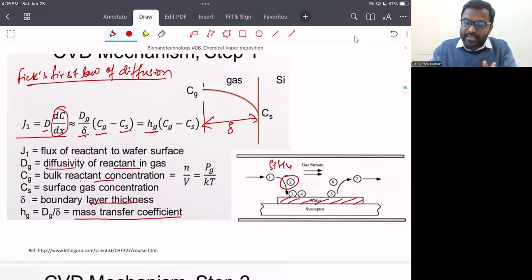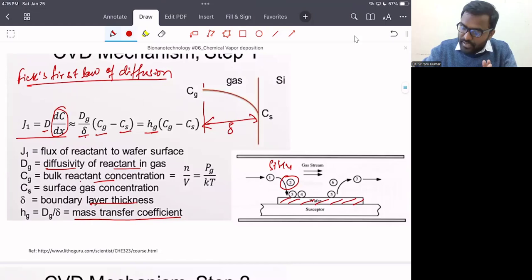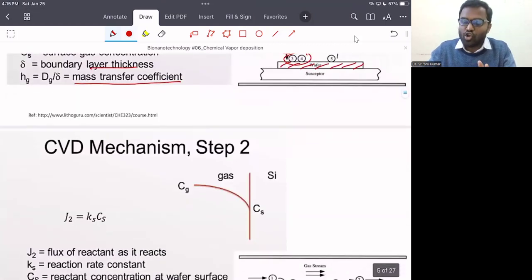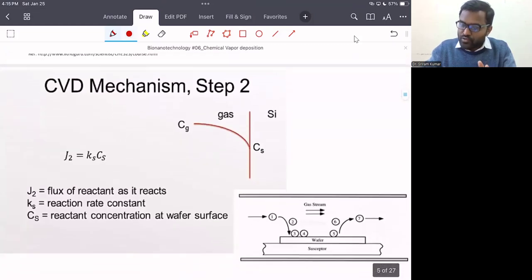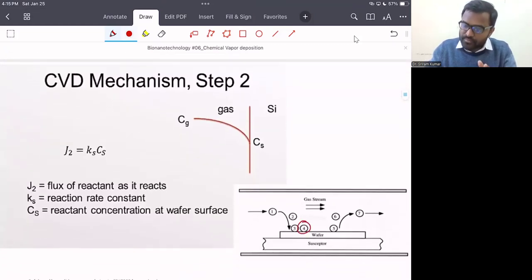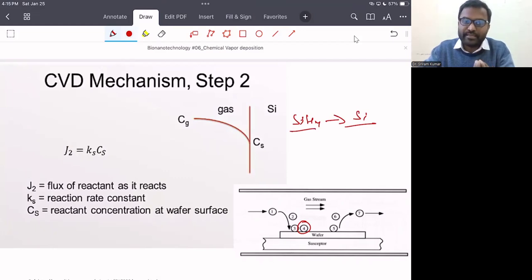And we have the other things happening at step 4. Some chemical reaction is happening, which is the thermochemical decomposition of this material. For example, at step 4, SiH4 is decomposing, right? So we need to know the kinetics of the decomposition of this material.